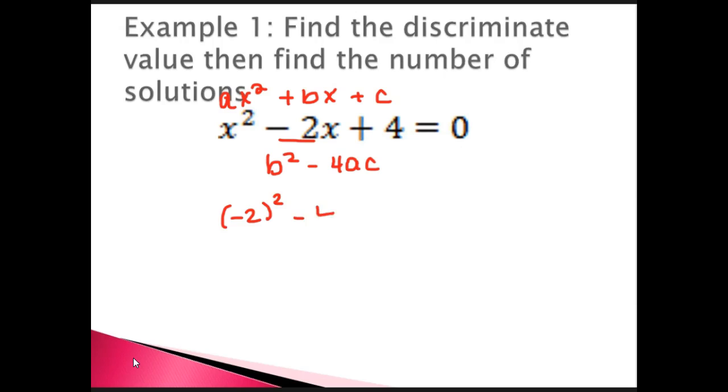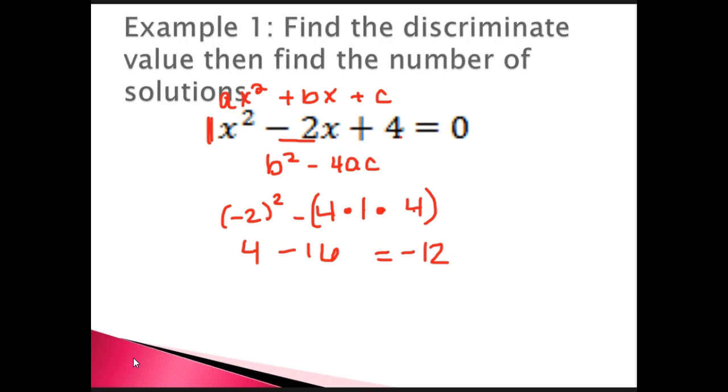The minus 4 is part of the equation. The a value is what's on the 1, so that's 1. And then the c value is at the end, so that's 4. So negative 2 times negative 2 is 4. 4 times 1 times 4 is 16. So I get 4 minus 16, which is negative 12.